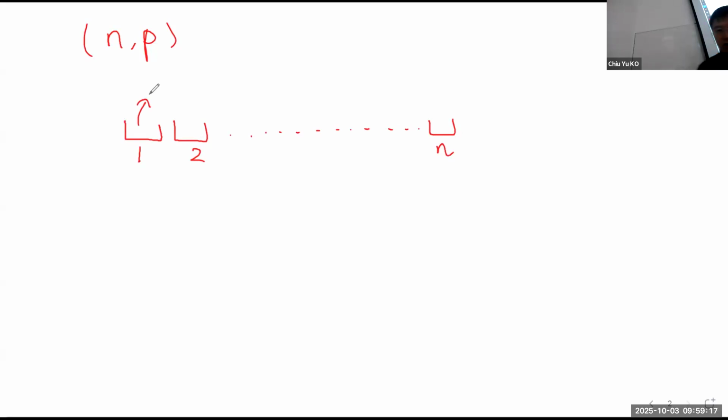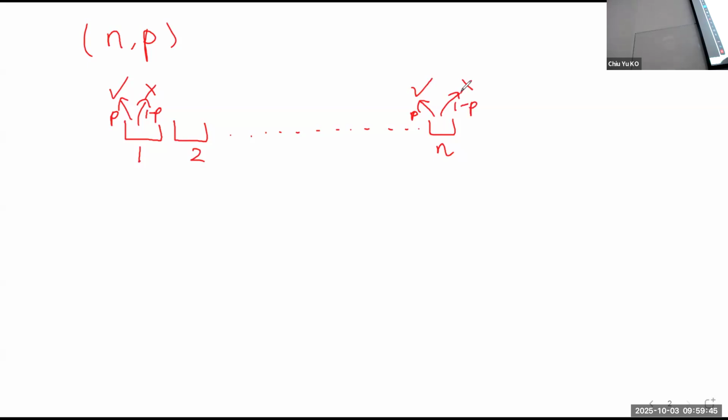P is success, maybe I use a tick. If 1 minus p, fail, the same until the very last one. P is tick, 1 minus p is cross, right? And the binomial is asking in total how many ticks.